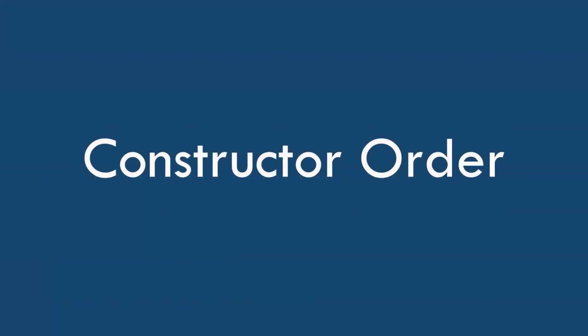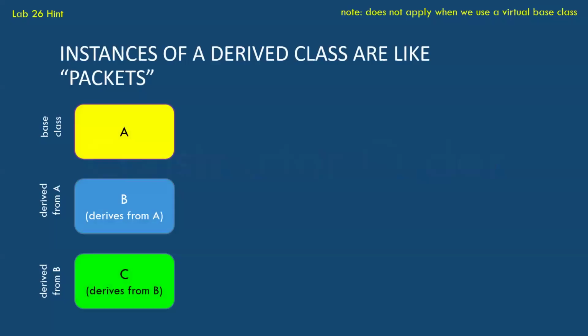All right, so let's talk a little bit again about constructor order. Our lab today is just trying to make things a little more complicated. You have 4 levels in our hierarchy in the lab today. Here's just 3, we're calling them A, B, and C. But again, we have to construct from the base class toward the most derived child.